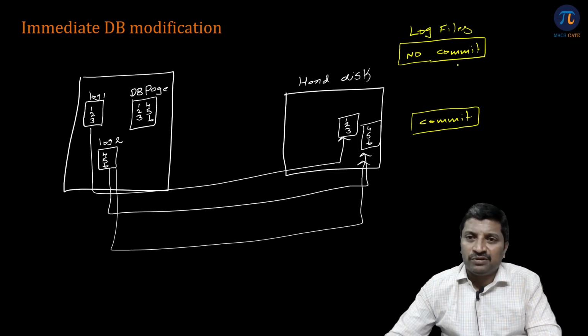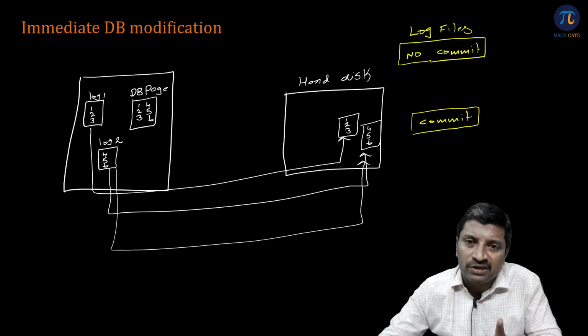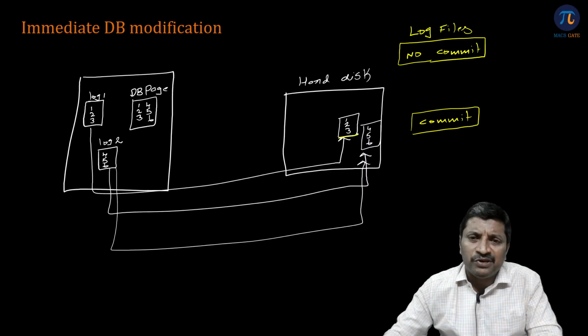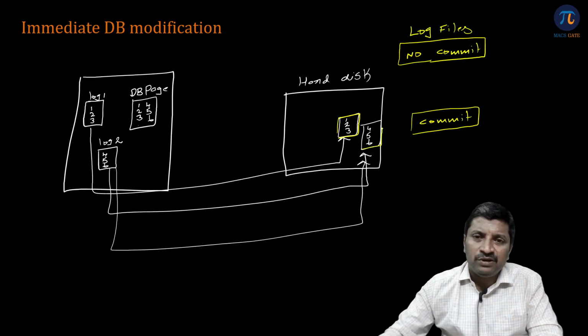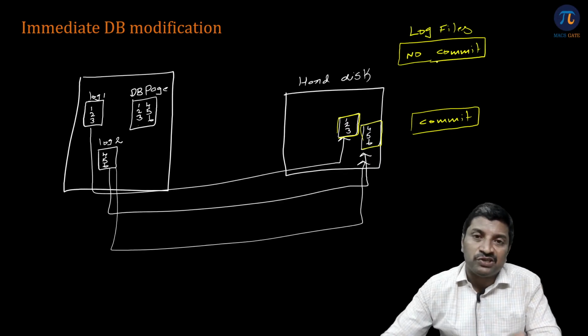Suppose there is no commit, then can you guarantee that you have not started the work? No, right? Because even if I have not completed all the 10 operations, I started 3. Totally there are 10 operations, but I have written only 6. Still, I did the modification in the original. So whenever there is no commit, you cannot say you have not started. You already started. But there is a failure.